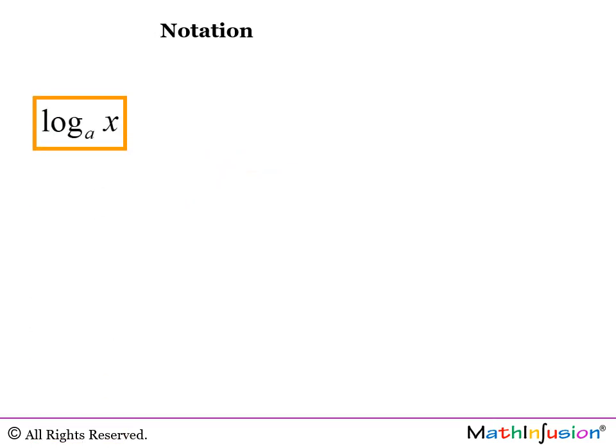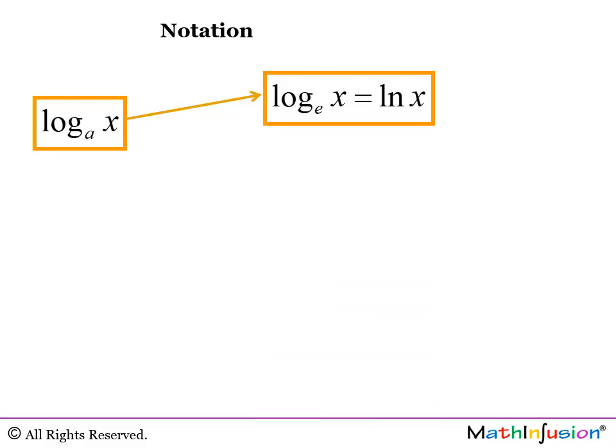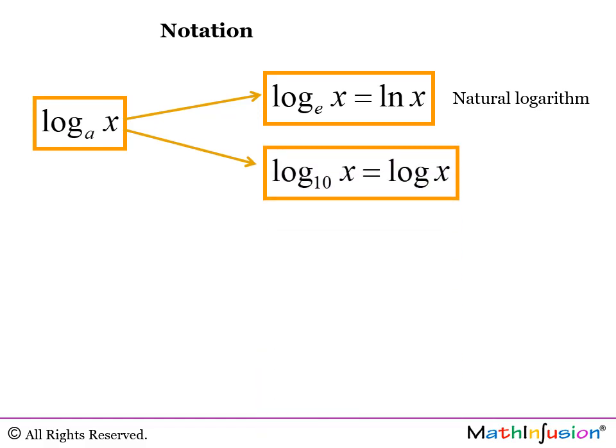Let's talk a little bit about notation. If the base a is e, we call it ln of x, the natural logarithm. If a equals 10, we are not writing the number and we can write just log x.